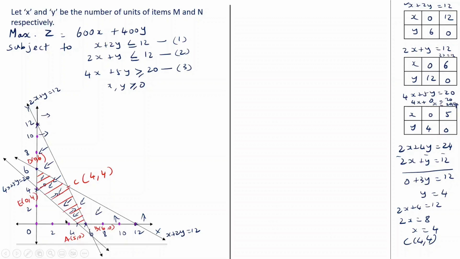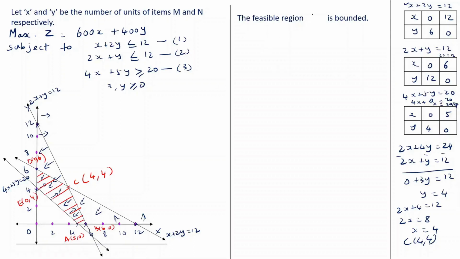So here we can see that the feasible region is bounded, and we have also got the coordinates of the corner points. So by the known theorem, the maximum value of z will occur at one of the corner points. Let us see on which corner point the maximum value of z lies.